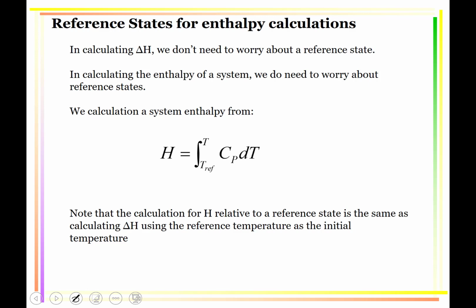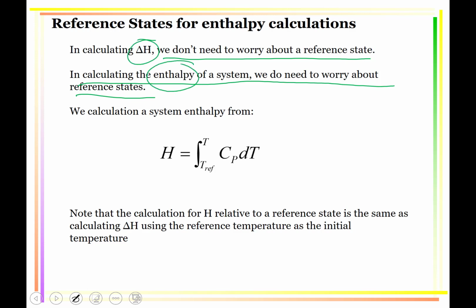All right, so now, reference state for the enthalpy calculations. In calculating delta H, again, we don't need to worry about a reference state, but if we're calculating the enthalpy of a system, we do need to worry about the reference states. So it's a difference between, I'm talking one thing is delta H, and another thing is H. So you can calculate your system enthalpy, H, by integrating from the reference temperature to your system temperature of Cp dT.